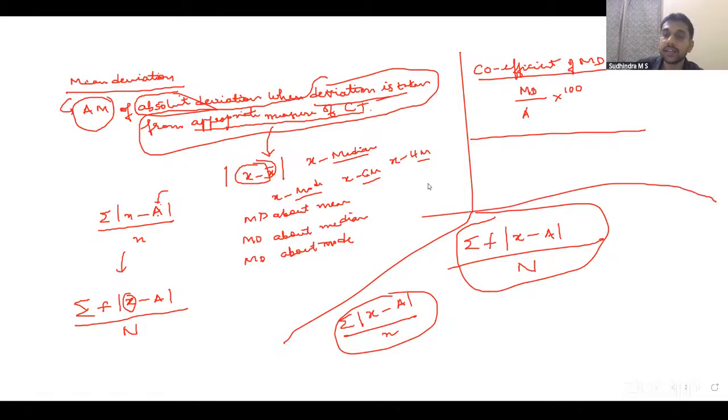Below that, here A is an appropriate measure of central tendency.